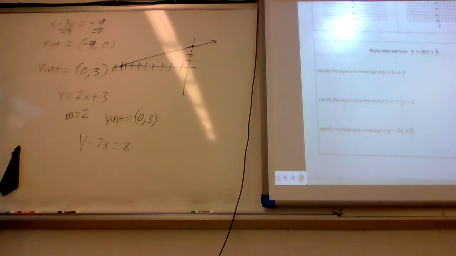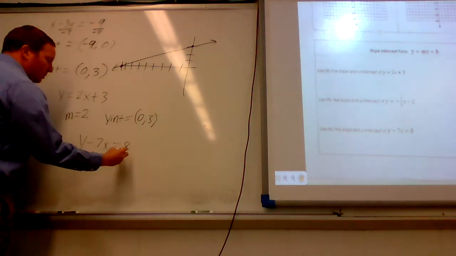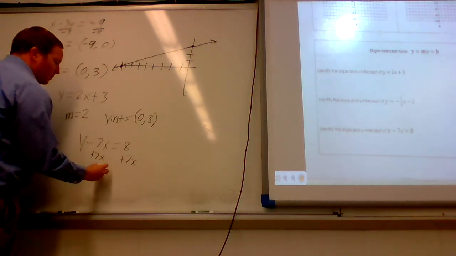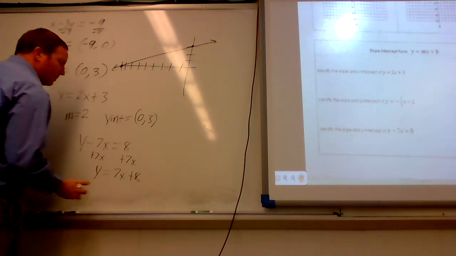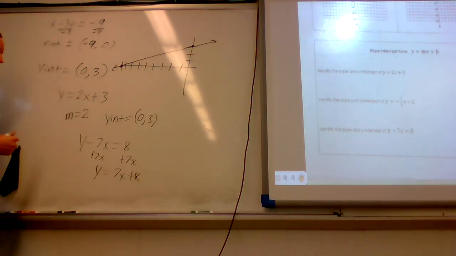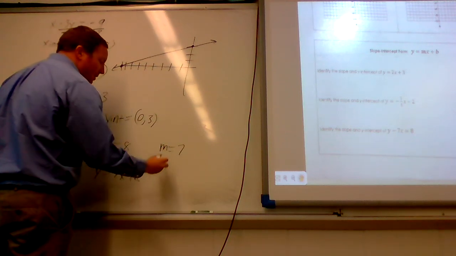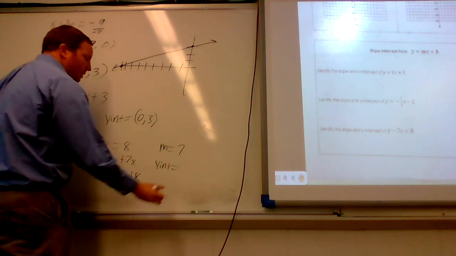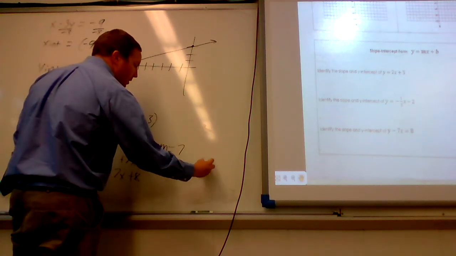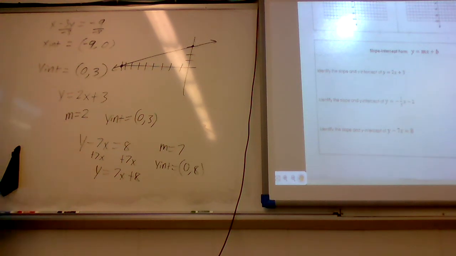So if we put this into slope-intercept form, we can add 7x over. So we get y equals 7x plus 8. So our slope is going to be 7, and our y-intercept at 0, 8. Do you have any questions?